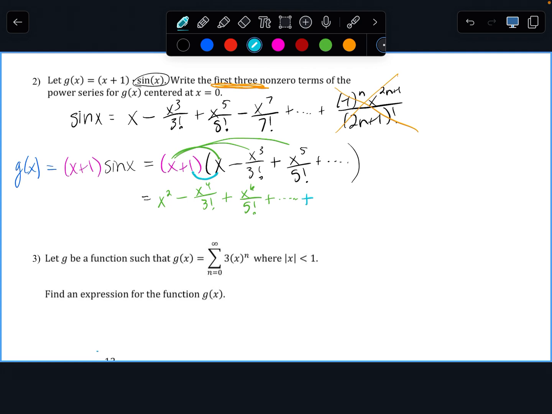Technically the x would keep going, and now I'm going to do the 1. So that would be x minus x cubed over 3 plus x to the 5th over 5 factorial. And technically it would keep going, but I only need the first 3 non-zero terms.